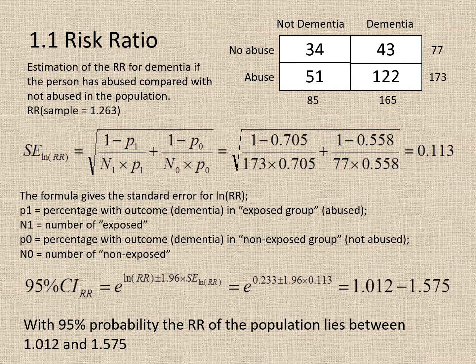If I use the minus here, I take that value minus this, and then e raised to this, and I get the value 1.012. If I use the plus instead, and then take e raised to this, I get the value 1.575. Unlogged, exactly, because we take e raised to this. Then we get back to the risk ratios, instead of the natural logarithm of the risk ratios.